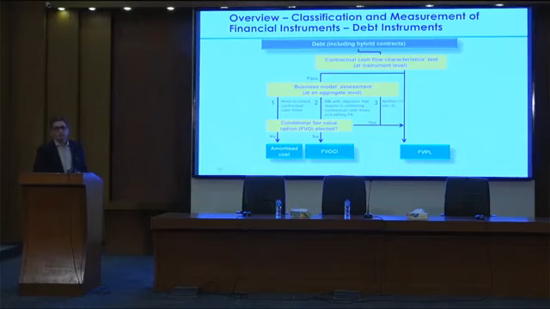Once you are out of those special kinds of debt instruments with factors other than interest, then you have to apply a business model test, that is, the purpose for which you are holding those instruments. So the business model could either be trading purposes, where you are holding the debt instrument for frequent buying or selling, or it can be to collect its contractual cash flows.